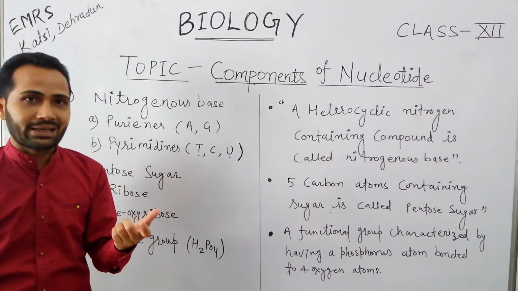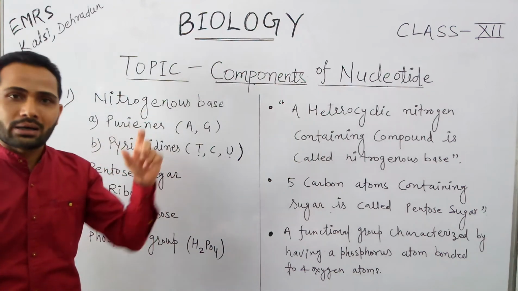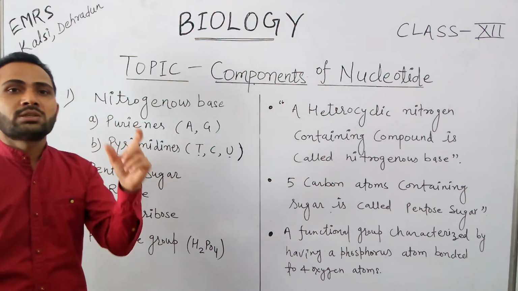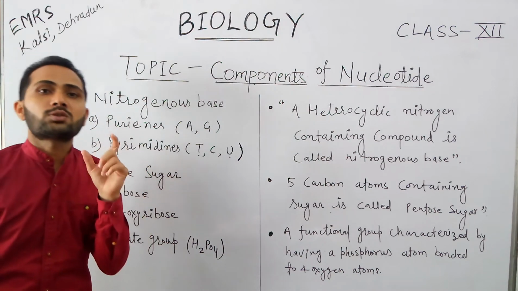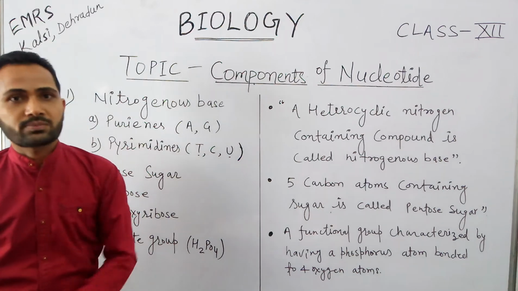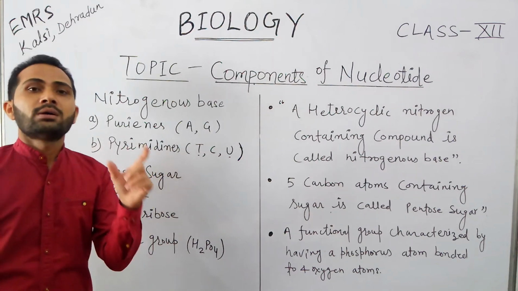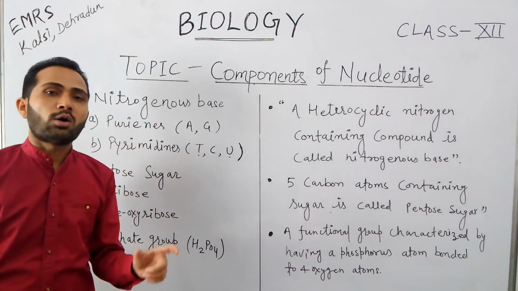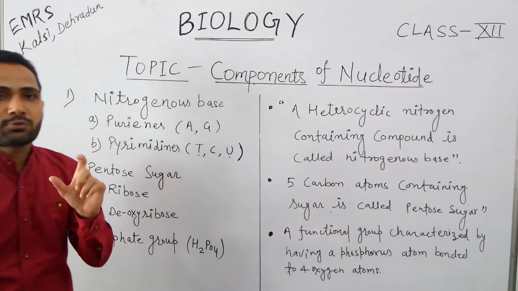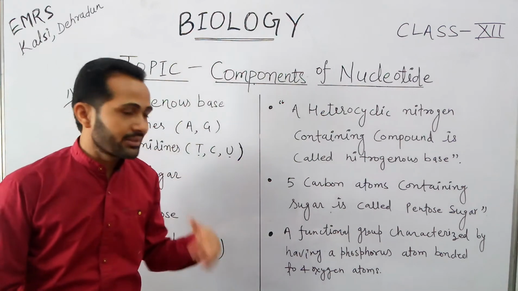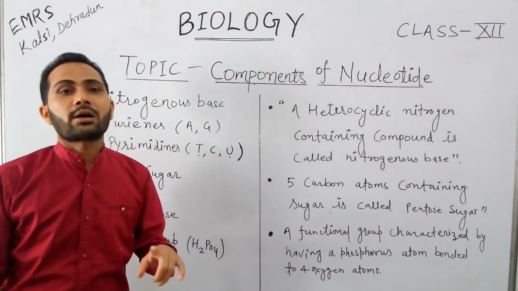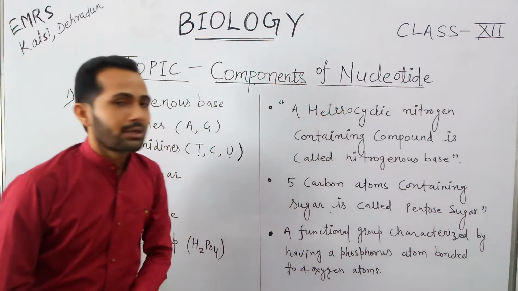Cyclic means ring, and heterocyclic means a compound in which the ring is made up of at least two different elements. If a ring structure is formed of at least two different elements, that ring compound is called a heterocyclic compound.